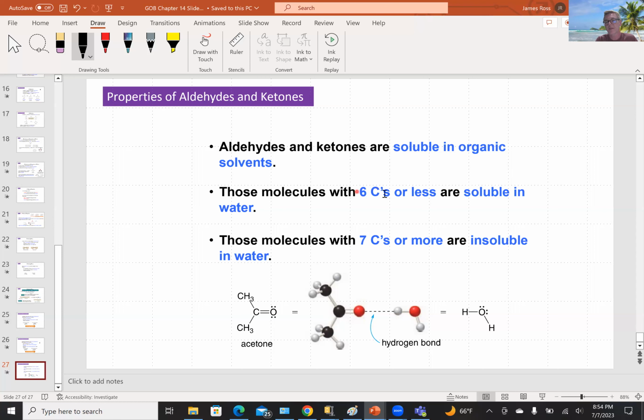It tends to be around 6. So if you have aldehydes or ketones with fewer than 6 carbons total, there's a good chance it will be water soluble. More than 6 carbons total per oxygen, there's a good chance it won't be. So roughly, for every 6 carbons or less, you need at least 1 oxygen. So if you have a diol with 2 oxygens, you can have up to 12 carbons and you might still be soluble.